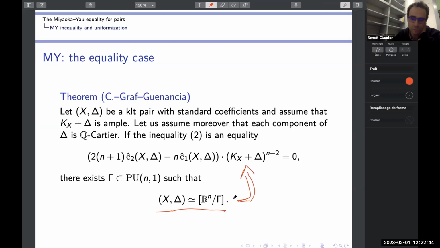Does it satisfy that each component of delta is Q Cartier? Yeah, in that case, X is Q factorial, since when X is an orbifold, the space X is Q factorial. Am I right? Yes.